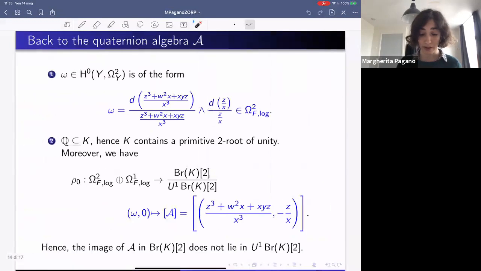So in particular, when we look at our element A inside this quotient, since it comes from this element, which is not trivial in the direct sum of the 2 logarithmic forms with the 1 logarithmic forms, the class of the quaternion algebra in this quotient is non-zero, which means that our quaternion algebra does not lie in the first piece of the filtration.